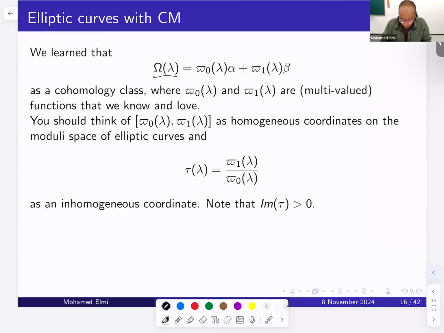And so I pick some function here. This is still a holomorphic one-form. So these should be thought of as homogeneous coordinates, and their ratio is an inhomogeneous coordinate. If you know anything about elliptic curves, you've almost certainly seen this tau before. And of course, the imaginary part of tau will be in the upper half plane.